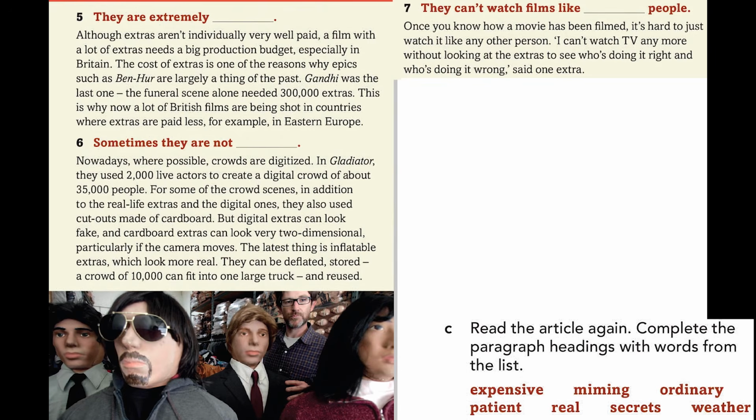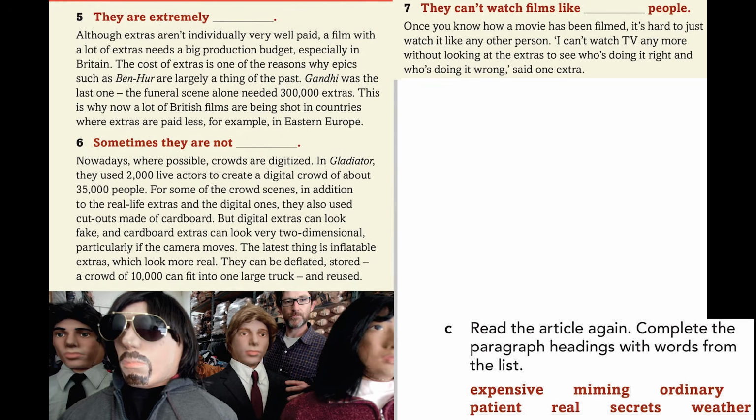But digital extras can look fake, and cardboard extras can look very two-dimensional, particularly if the camera moves. The latest thing is inflatable extras, which look more real. They can be deflated, stored. A crowd of 10,000 can fit into one large truck, and reused.